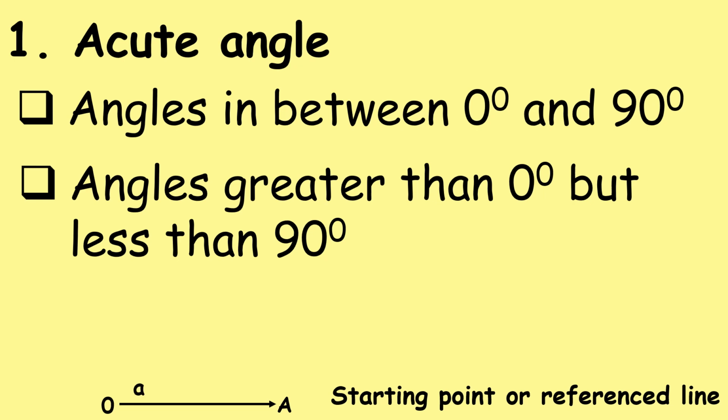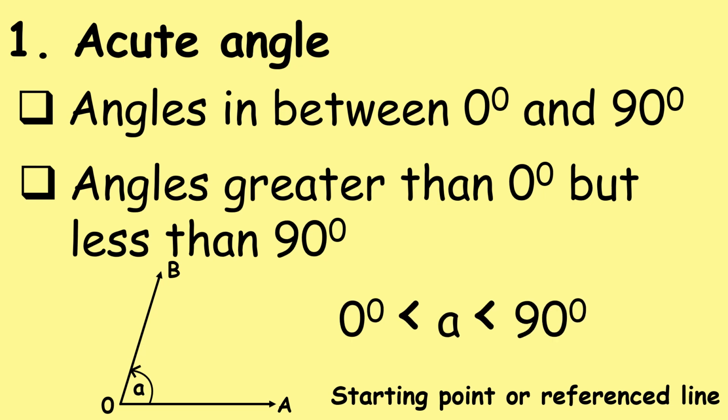And then when we have a particular angle A, and then we move in the anti-clockwise direction, which is actually the positive direction, and then we have this line intersecting OA at OB. Therefore, we have an angle in between 0 and 90 degrees, and that makes it an acute angle.